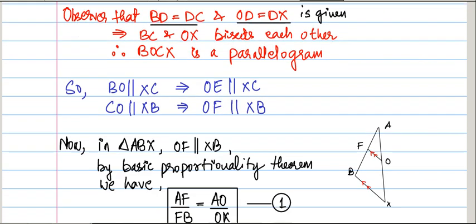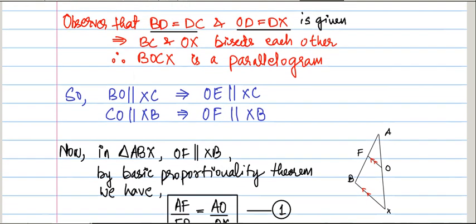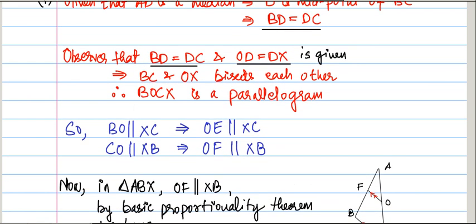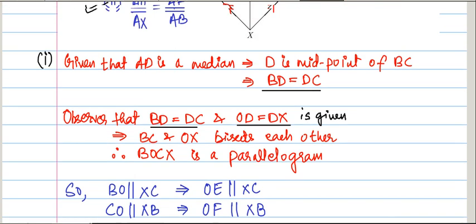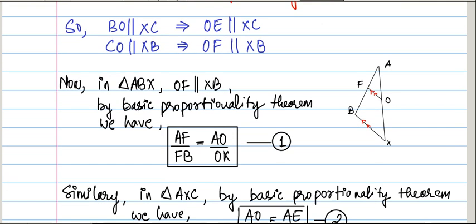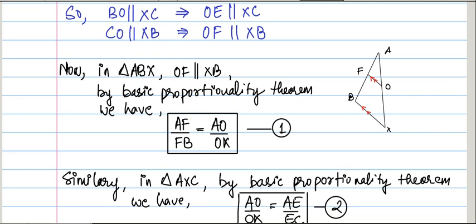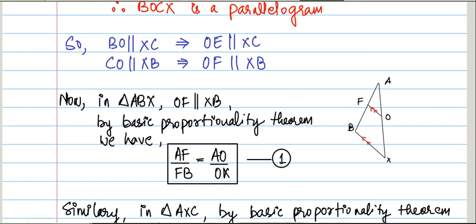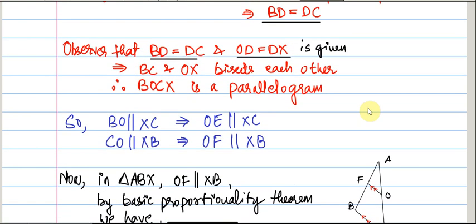Whenever two line segments bisect each other, the four endpoints will form a quadrilateral, and it is a parallelogram, because in a parallelogram the diagonals bisect each other. So BC and OX bisect each other, therefore it's a parallelogram.